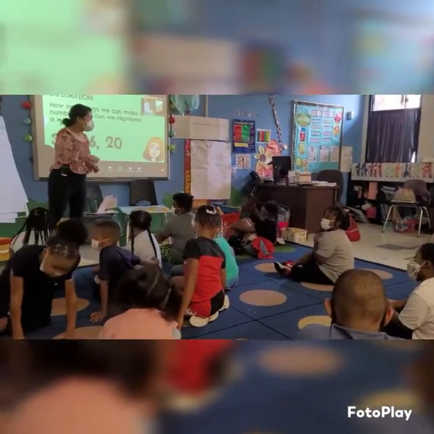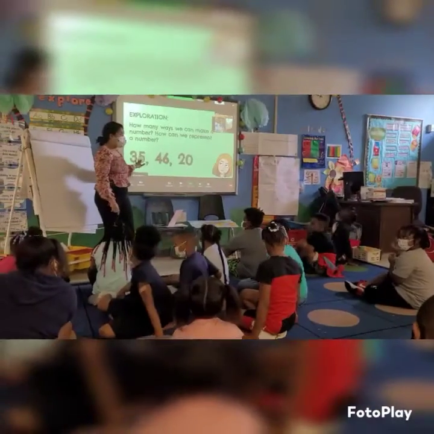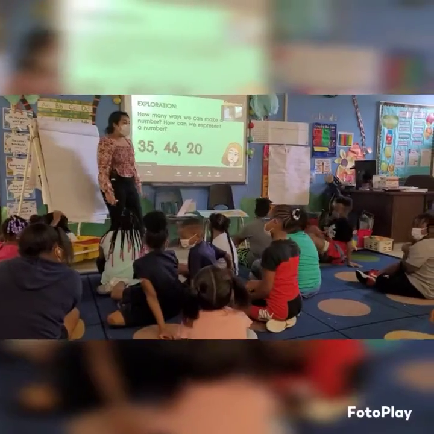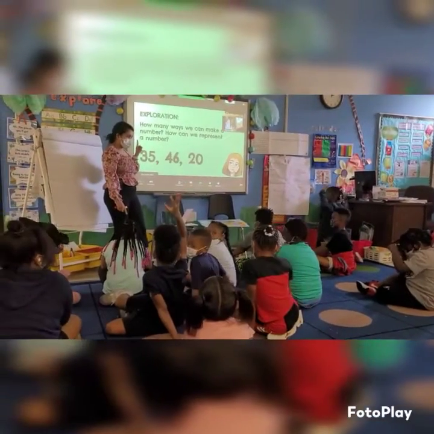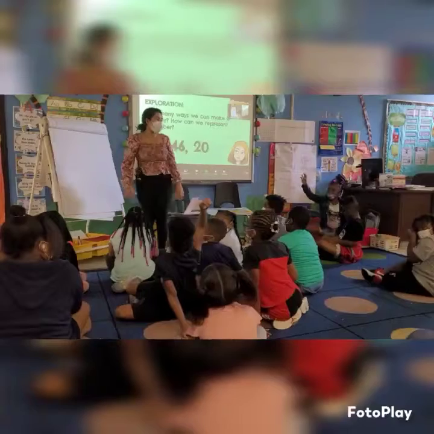If someone has that equation, you're going to think of another way to represent that number. We're going to do it in 10 minutes, and let's see which group has more ways to make a number.